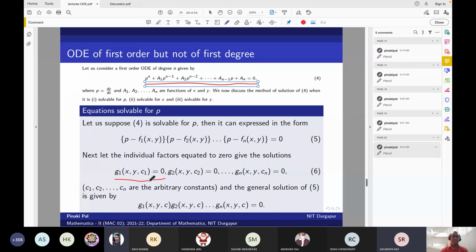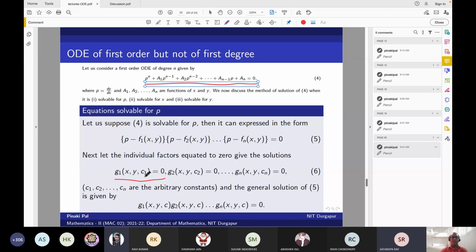Okay, and in each case, if we get the solutions g1(x,y,c1) equal to 0, g2(x,y,c2) equal to 0, and so on, gn(x,y,cn) equal to 0, then the general solution of the original differential equation can be written in this form. Note that since it is a first order differential equation, only one arbitrary constant will be involved.